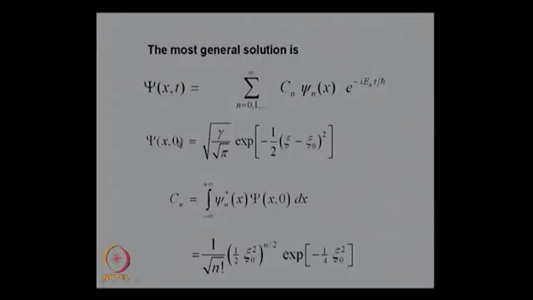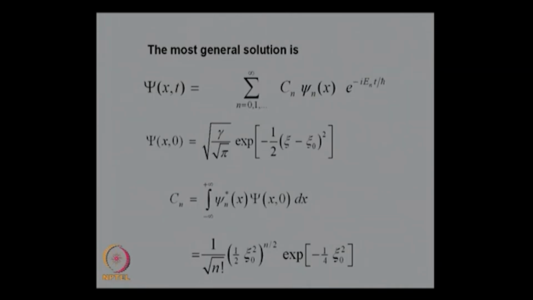Now, as I mentioned before, let us assume a particular case, that at time t equal to 0, the wave function is given by this expression. It is a displaced Gaussian. Let me tell you in advance, this is known as a coherent state of the oscillator.